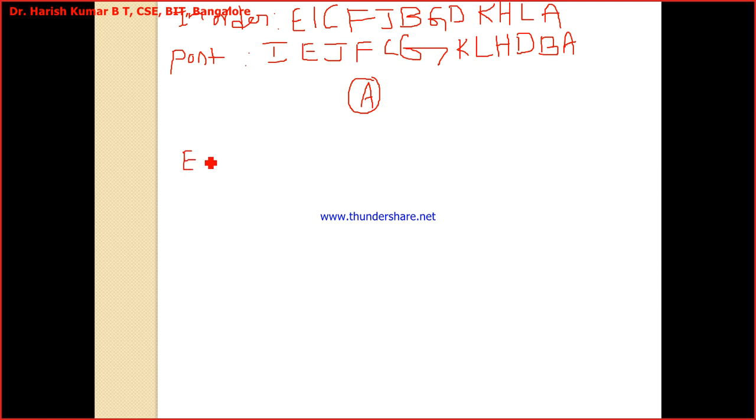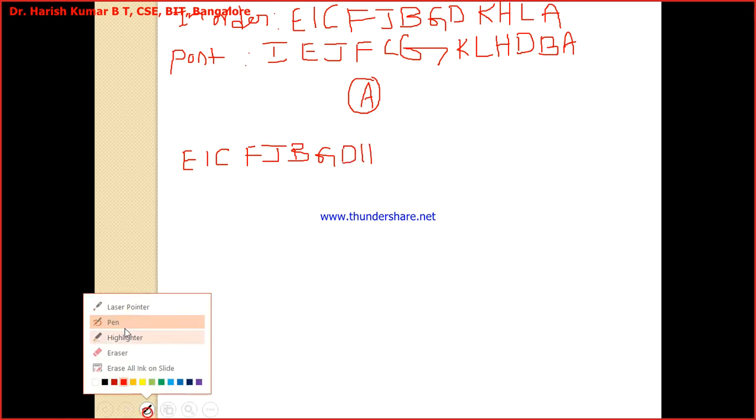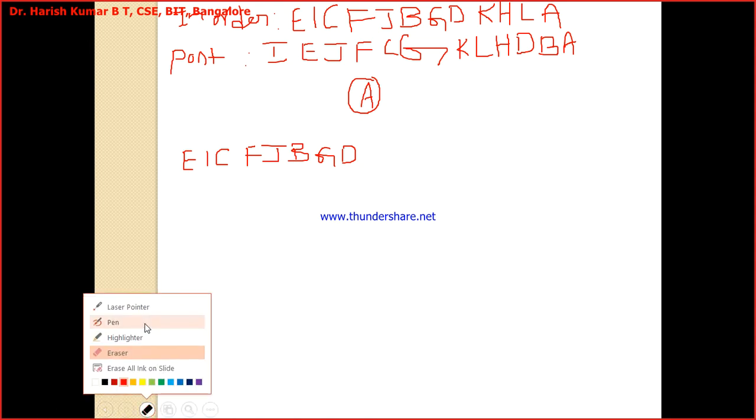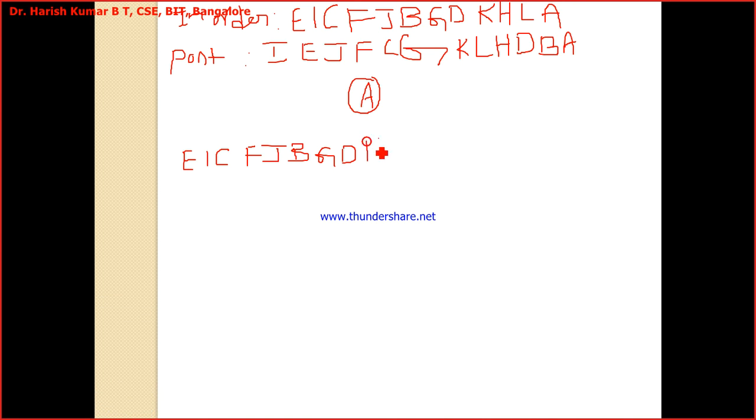E, and then I, C, F, J, B, G, D, K, D, after D it is K, H, L. So all these nodes take the position in the left subtree of A.